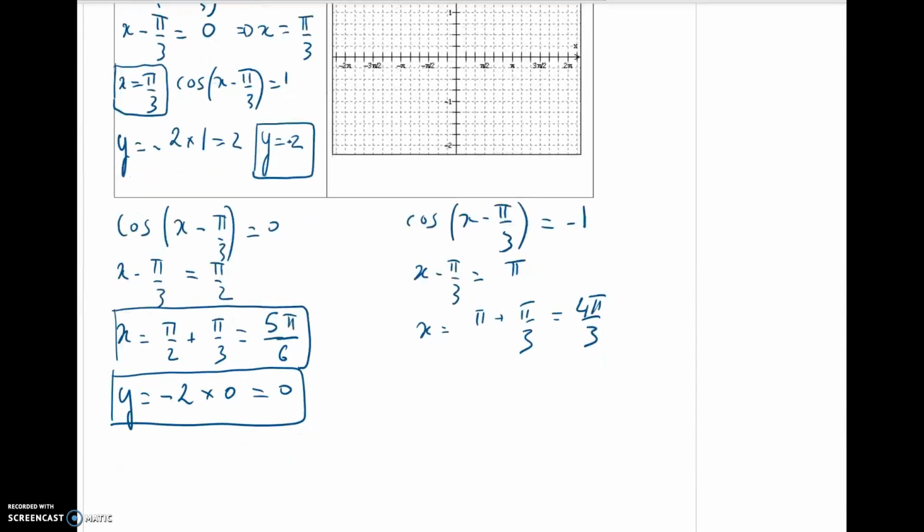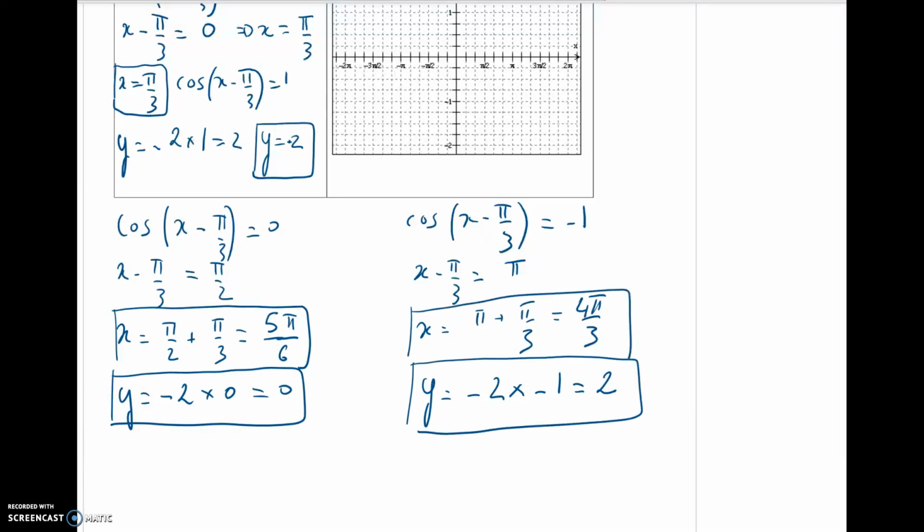And so y equals negative 2 multiplied by negative 1, and I end up with y equal to 2. So y will be equal to 2 when x is equal to 4 pi over 3.